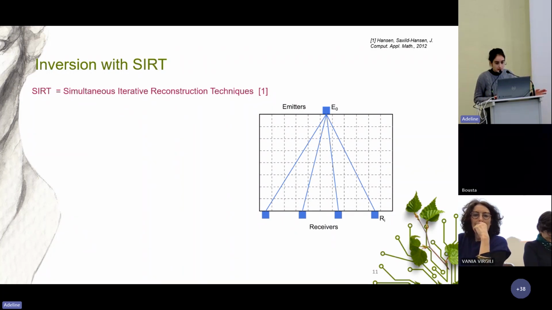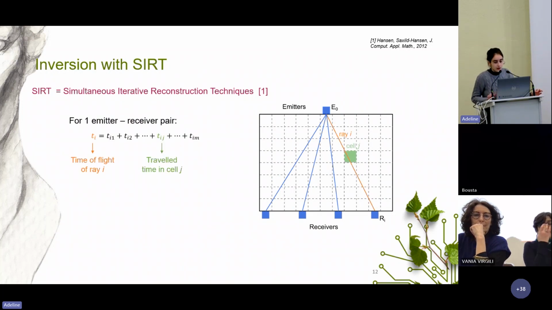If we look at one emitter-receiver pair, the total time of flight of ultrasound between them that we measure can be rewritten as the sum of the travel time of the ray in each cell.